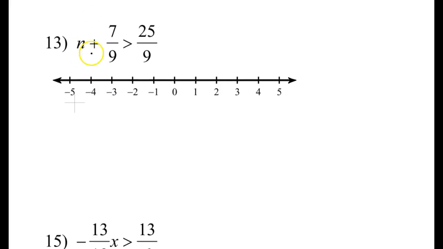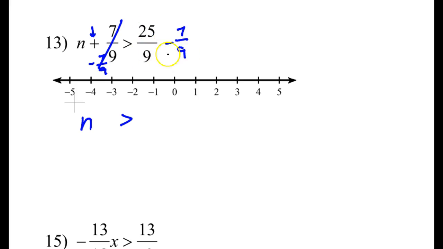Okay. What plus 7/9 is greater than 25/9? The same steps that we always do. If it's addition, we have to subtract. So I'm going to subtract 7/9 on both sides. Now we're subtracting, we're not dividing or multiplying by a negative, so the sign doesn't change.